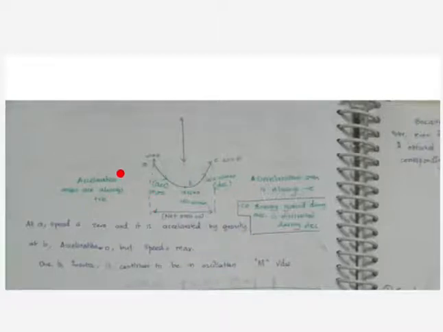So say at A, speed is 0 and it is accelerated by gravity, right? At this point it starts accelerating, and at this point the speed is at maximum, right? But the gravity effect stops, but due to inertia, it keeps on going. Even though the effect of gravity is done over here, you keep on swinging due to what?